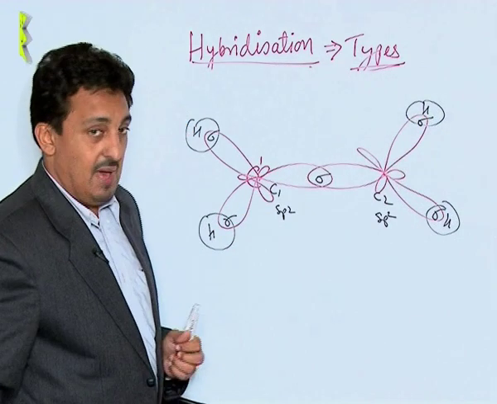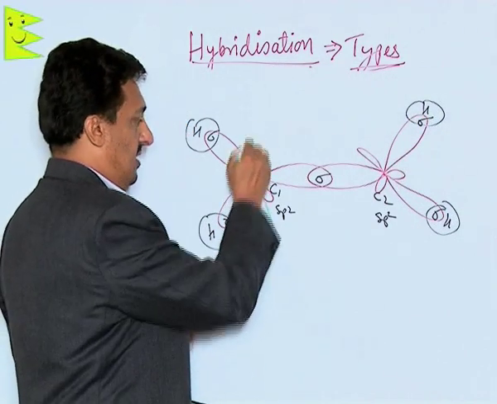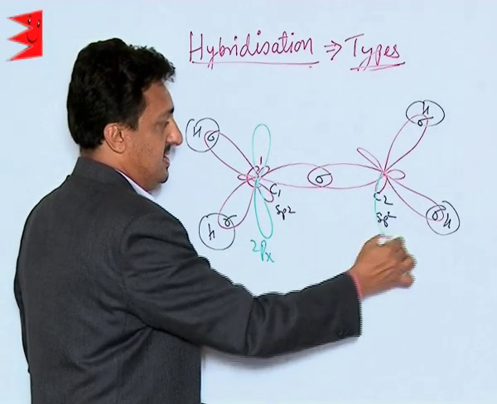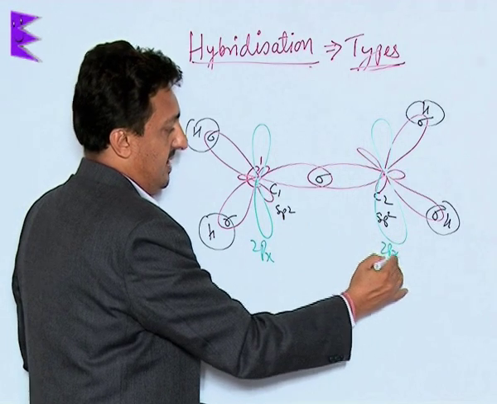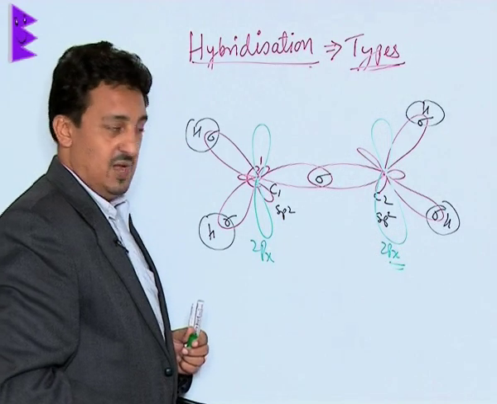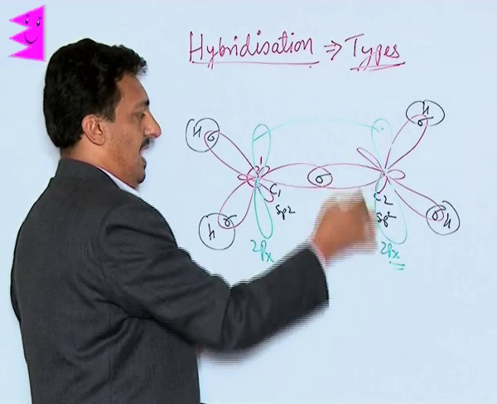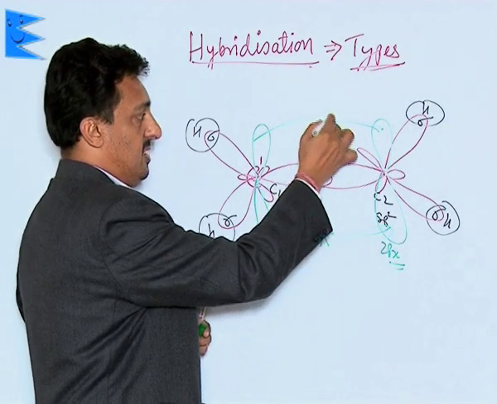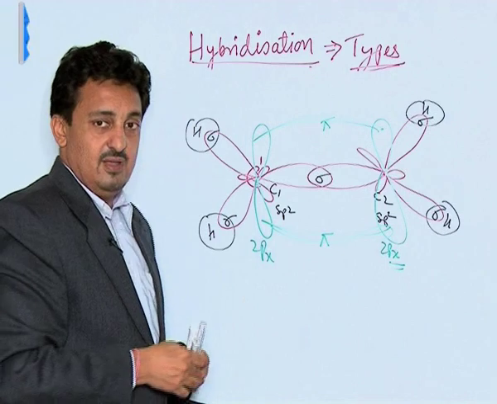But what happens is we have an unhybridized px orbital with C1 as well as an unhybridized px with the C2 atom. These two overlap sideways, or lateral overlapping, and they form the second type of bond, which is called pi bond.